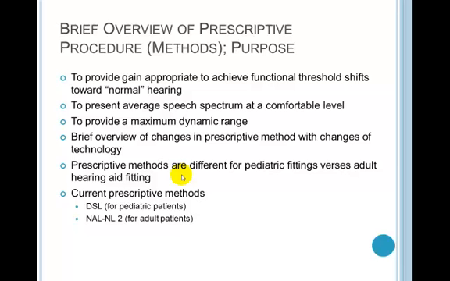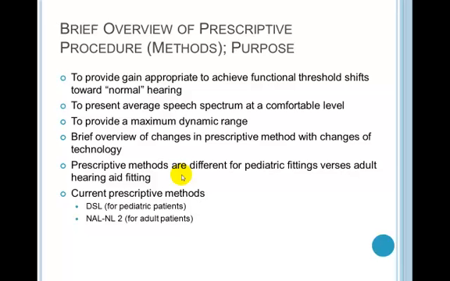Well, years ago, we'd say, well, just put 40 dB in at 1,000. So boost the signal at 1,000 by 40 dB, and in theory, the patient would then have a threshold of 0. That sounds like that would work, but the problem is that's not how the cochlea responds.